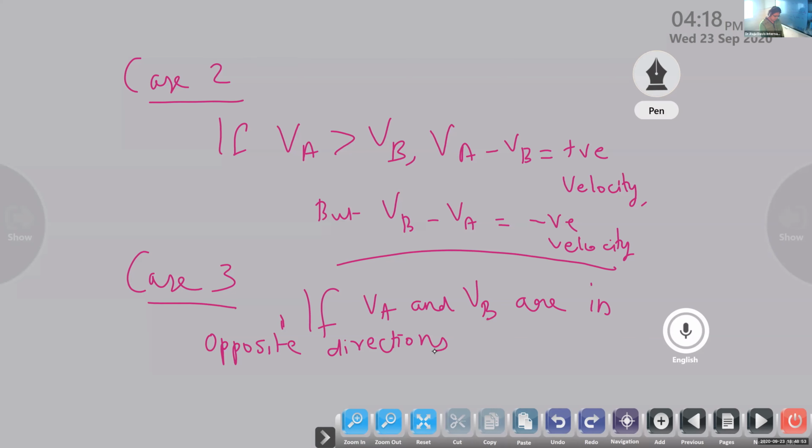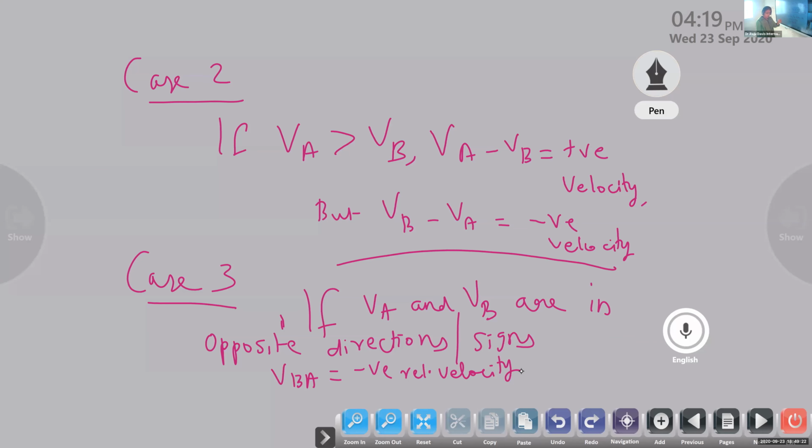Direction means signs. That's the meaning of opposite signs. I think it's more or less the same as what we studied. Then VBA you will get negative relative velocity.